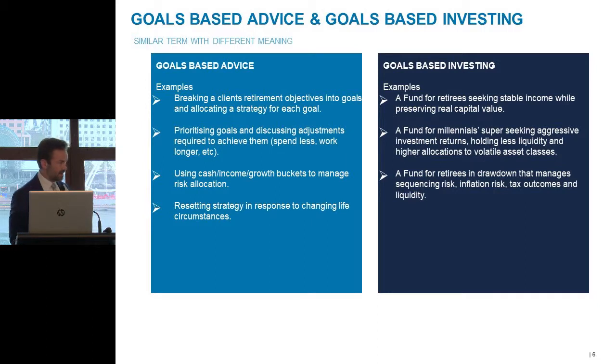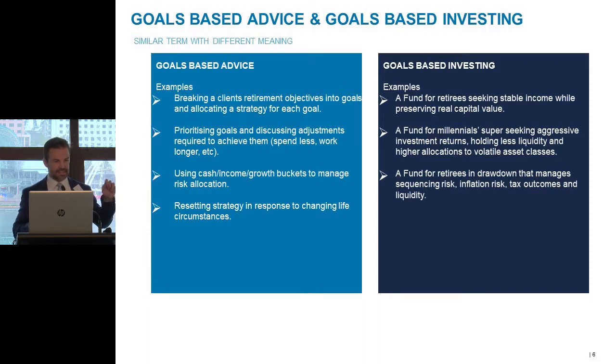I know the AMP are pushing this through there, a goals-based advice system, laying out what your goals are in life, how you're going to achieve them, what financial backing do you need to achieve those goals. That is a different concept to what I'm talking about today, which is goals-based investing. And I guess it's a narrow line, but in my mind, it's quite separate.